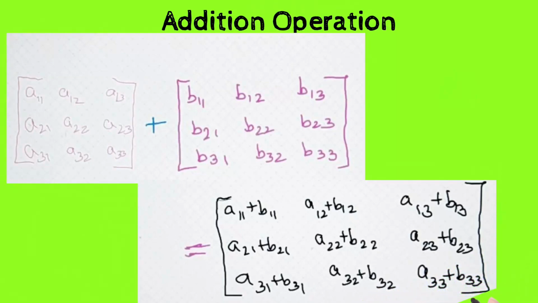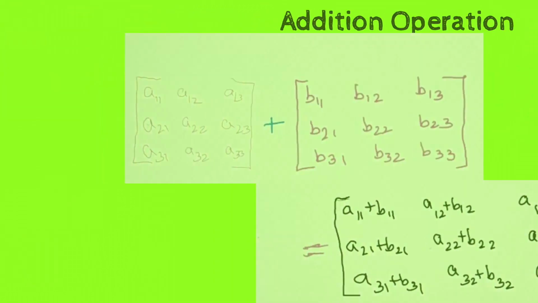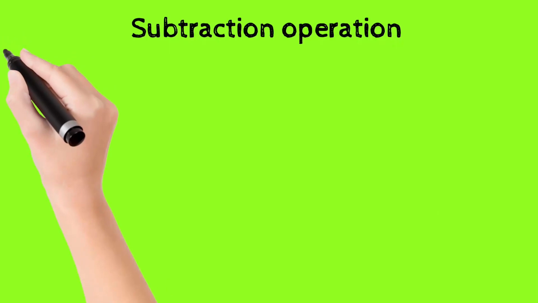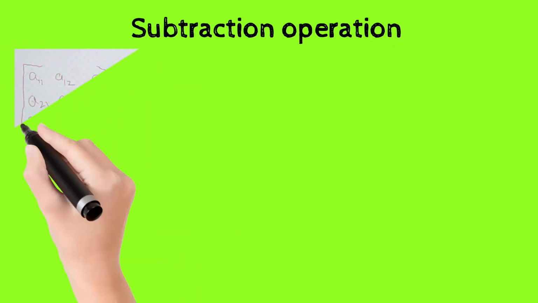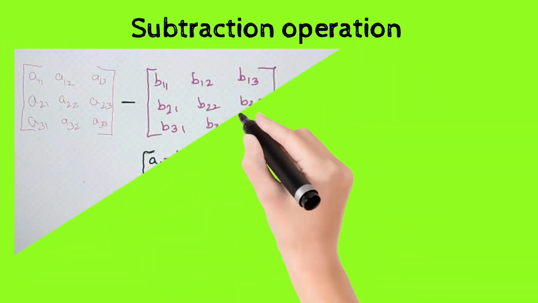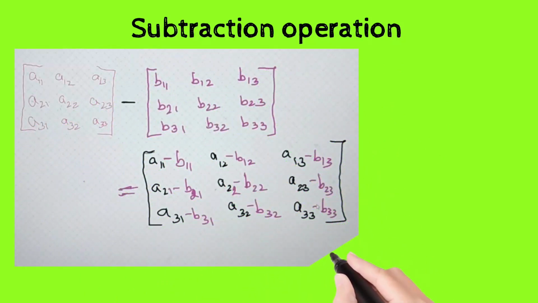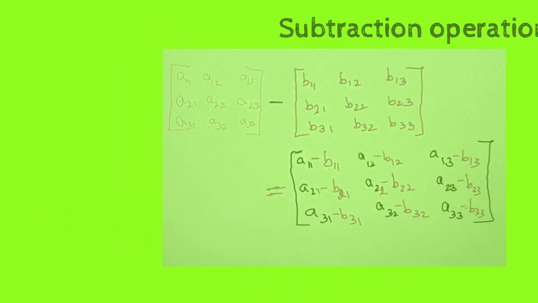So the respective elements will be combined and taken as the element of the resultant matrix. In the same way, when asked to subtract two matrices, we'll take the same 3 cross 3 example, where the first is represented as A and the second matrix elements are represented as B. We'll subtract the corresponding elements of the two matrices and then get the final output.